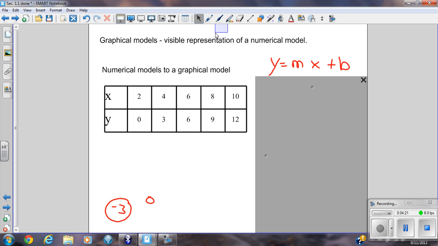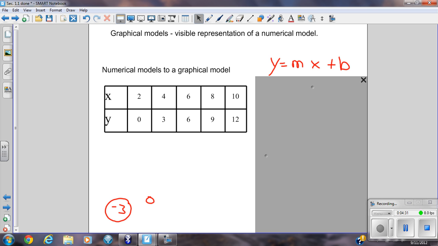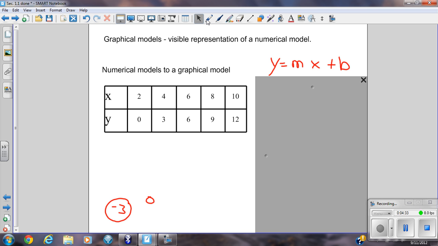If I can go up here and select my pen, right there, I can see that going from 0 to 3, 3 to 6, I am going up by 3.